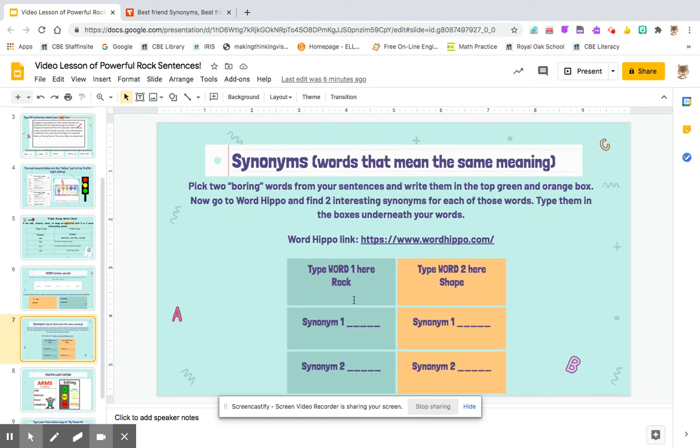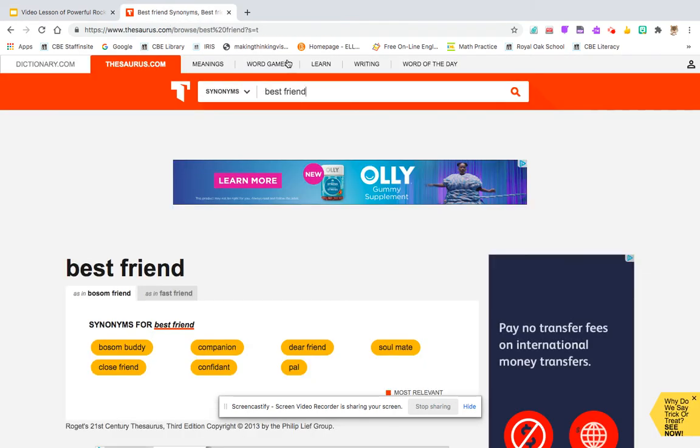I thought maybe I need another word for rock. And I chose shape as well. So then I'm going to go in and look for synonyms of rock or shape. So I go in here and, oops, I'm going to add rock.